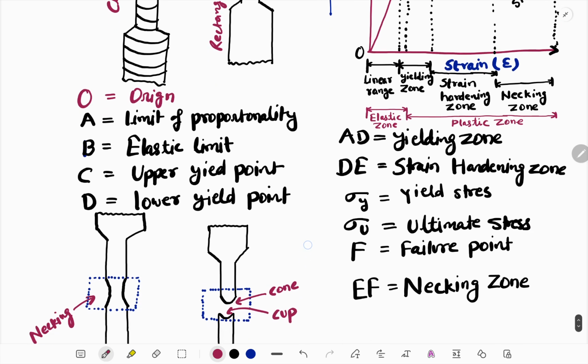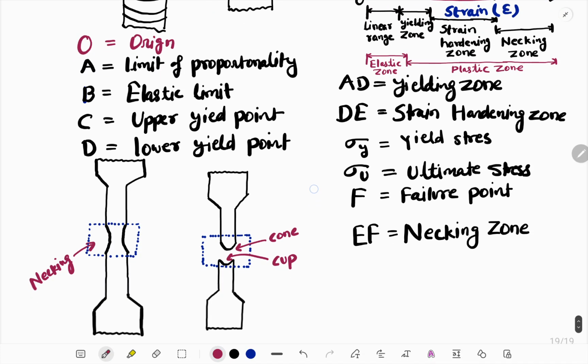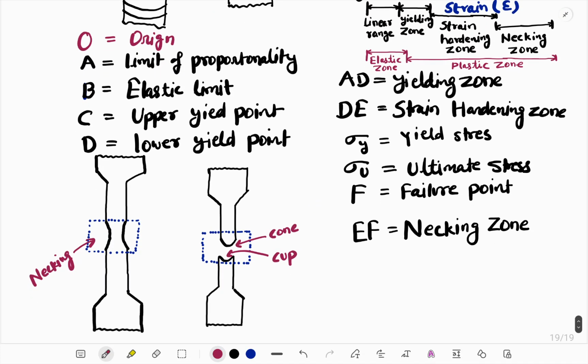Next, what happens when load is increasing through the UTM? There may be a necking zone, where material at a place will displace due to increase in temperature.